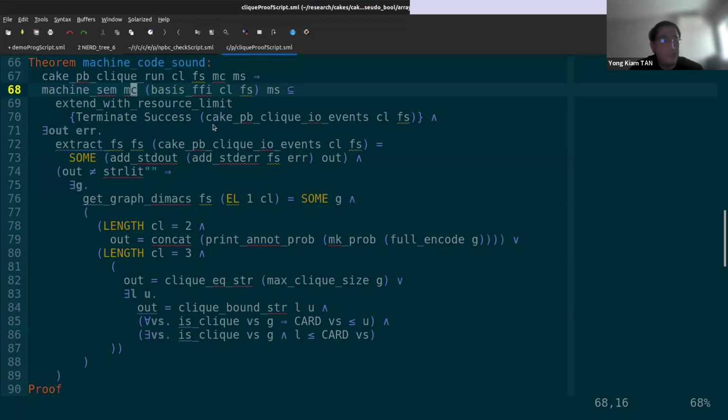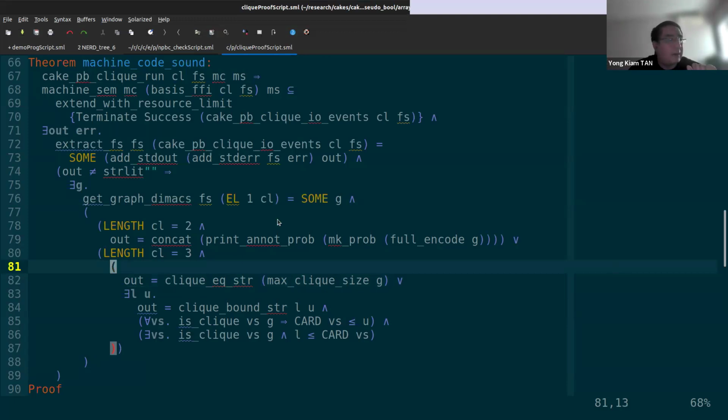proof checker will always print something out unless it runs out of memory. In particular, it prints a string to standard output and a string to standard error. And if the standard output was non-empty, for example in the case where you have passed the proof into the checker as well, then you're guaranteed that the output is a bound on, in this case, the max clique size of the graph.